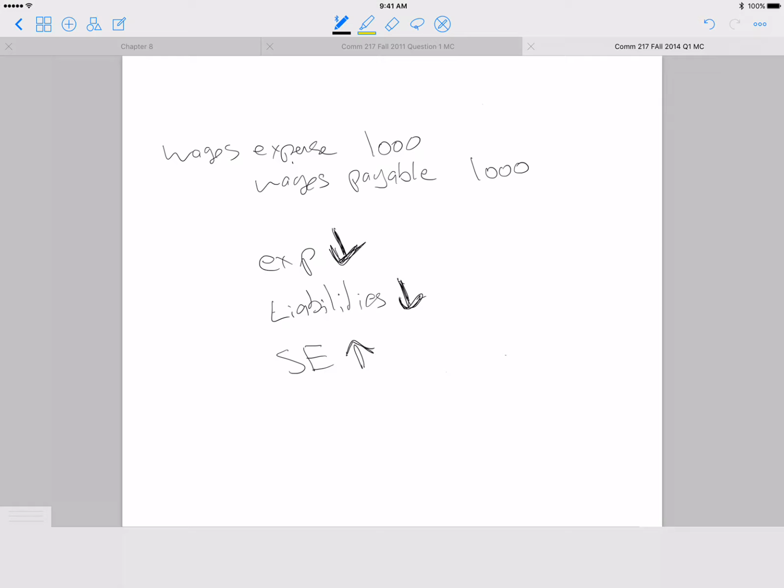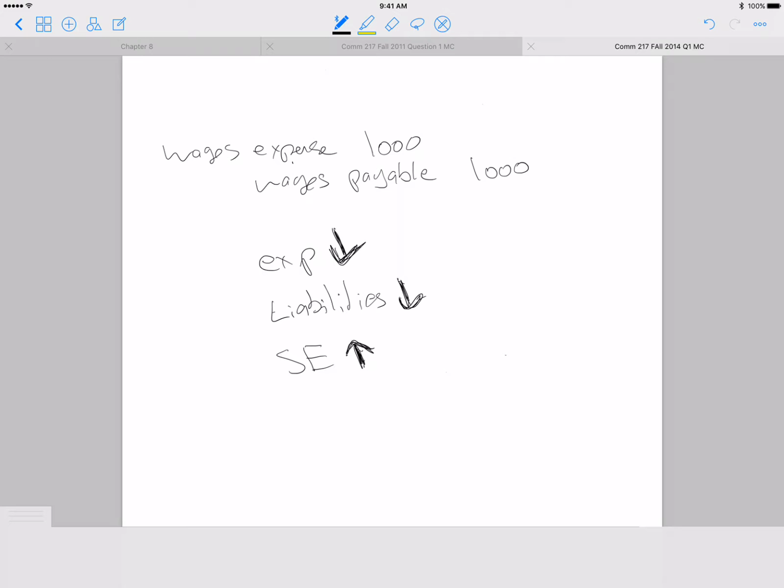But your shareholders' equity is overstated because your wage expense, you didn't record it, so you have less expenses, which increases your net income. So this causes the shareholders' equity to be overstated because the net income should actually be lower.